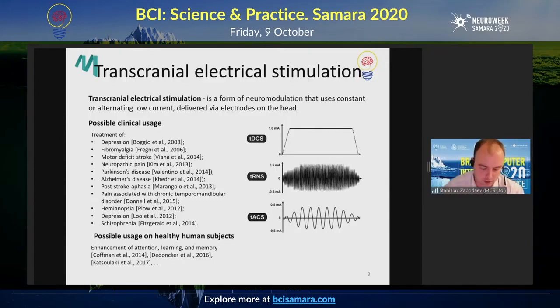And now we modulate neuronal activity of the brain and we get certain effects. This is what I'm going to tell you about later in greater detail in terms of ability for academic application.